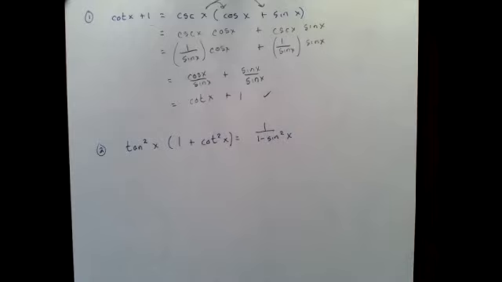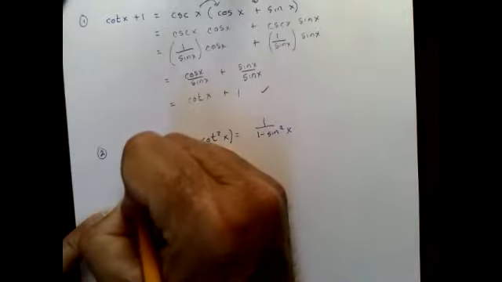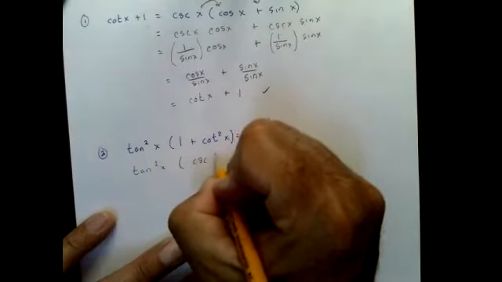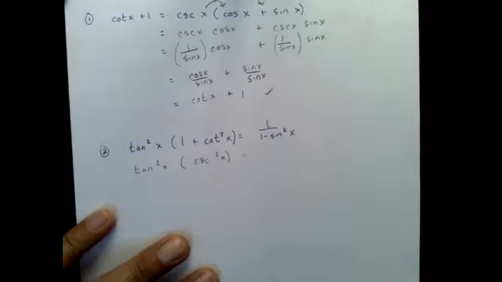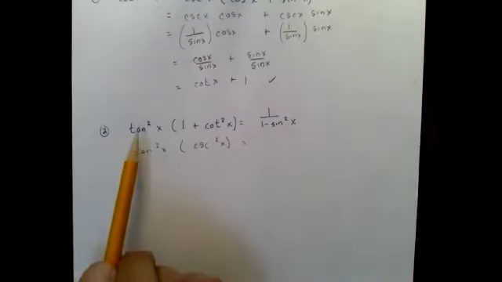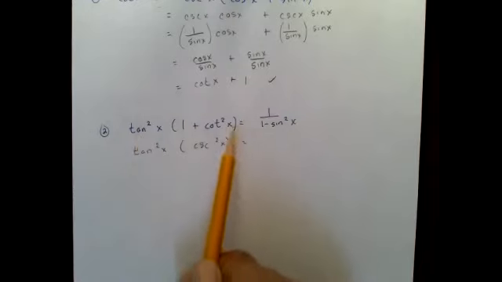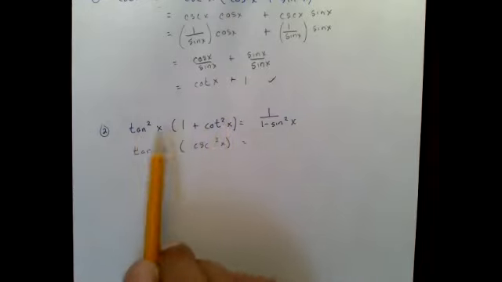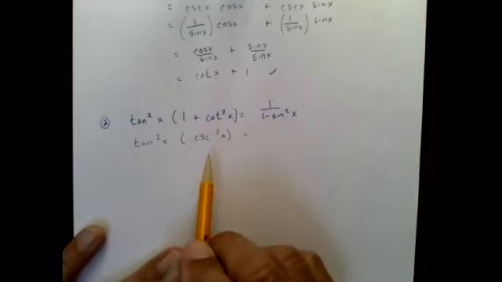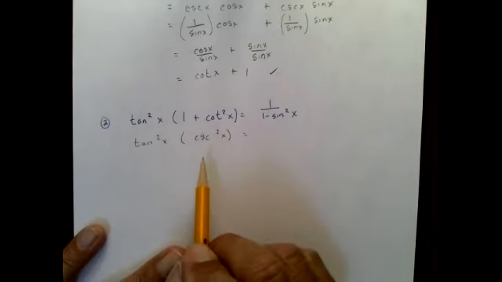So absolutely, I can make this tangent squared of x times the cosecant squared of x. Another thing you could have done is made this sine squared over cosine squared. This becomes cosine squared over sine squared, distribute. But I think we did potentially a time saver here.